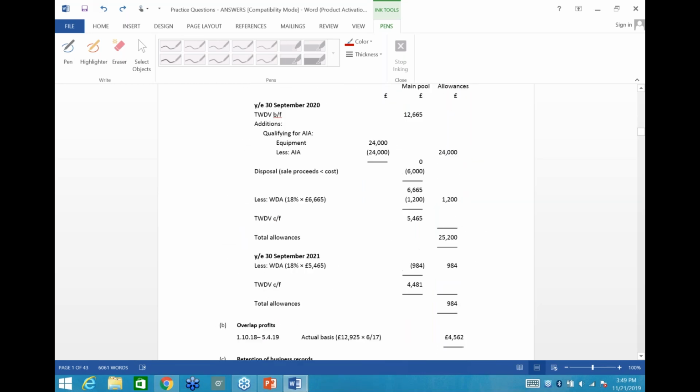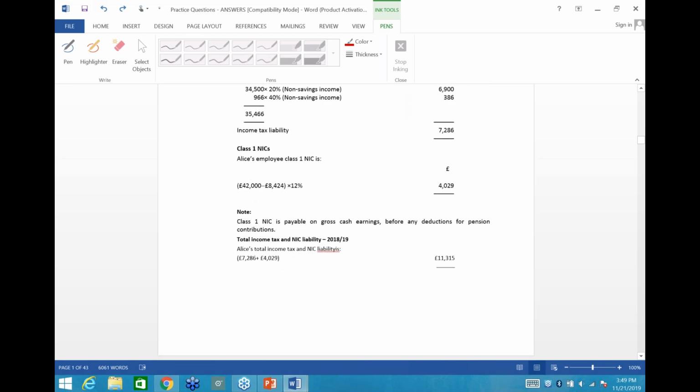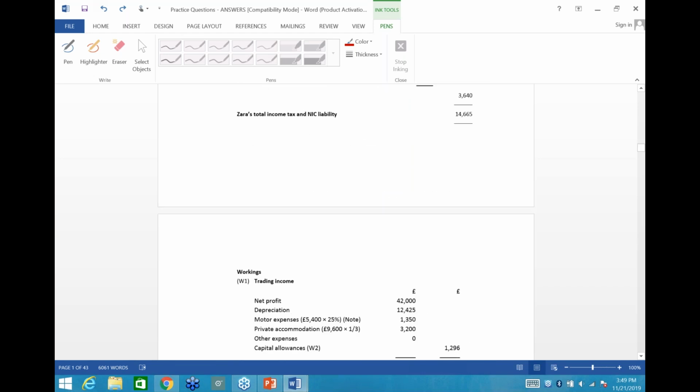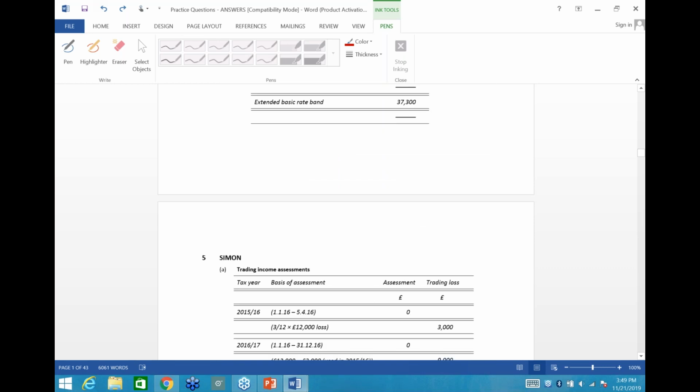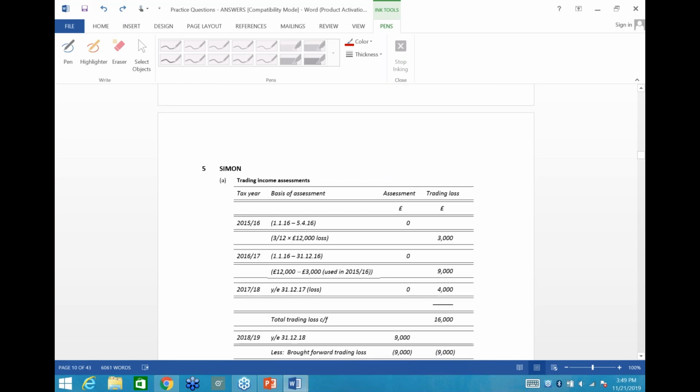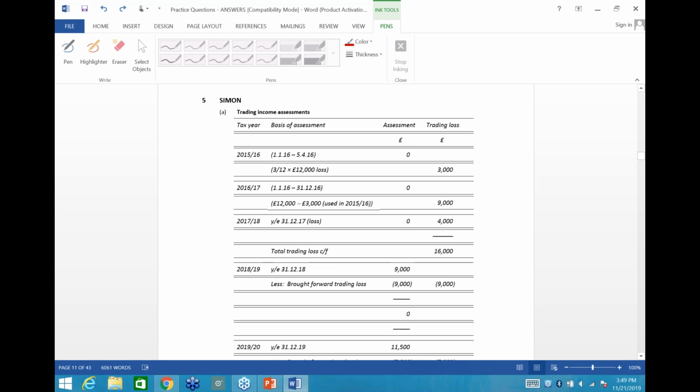Any trading loss you can carry forward to set off against future available trading profit from the same business. Then there is relief against total income of the current year and or the previous year. So if you have a trading loss, another option is that it can be set off against the current year total income and or the previous year. That means carrying back 12 months.